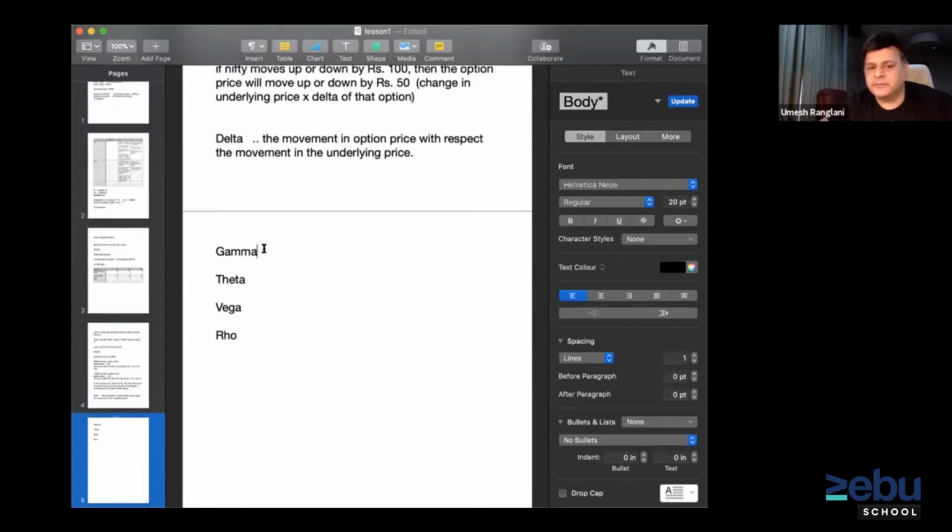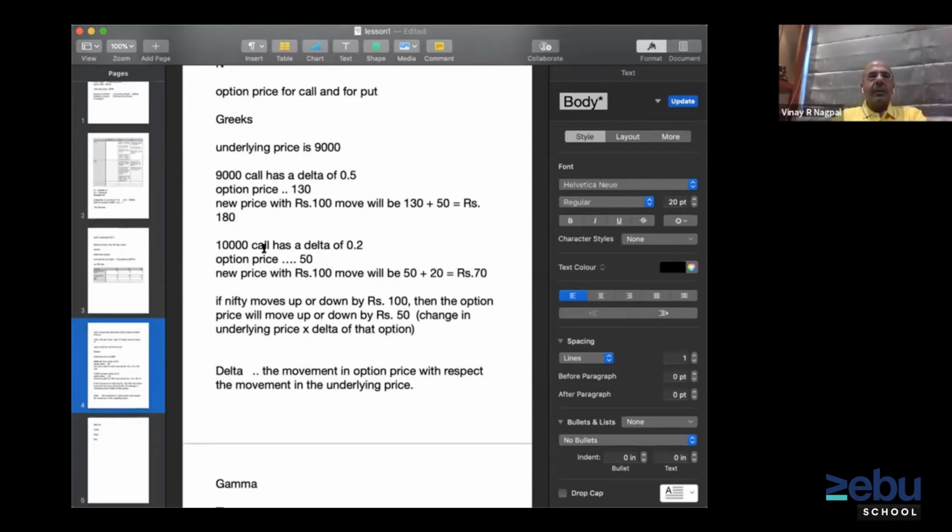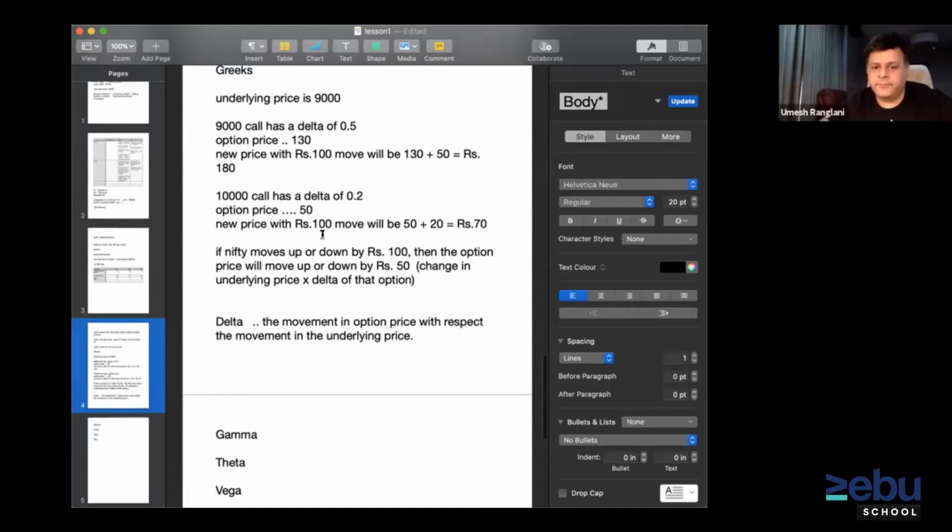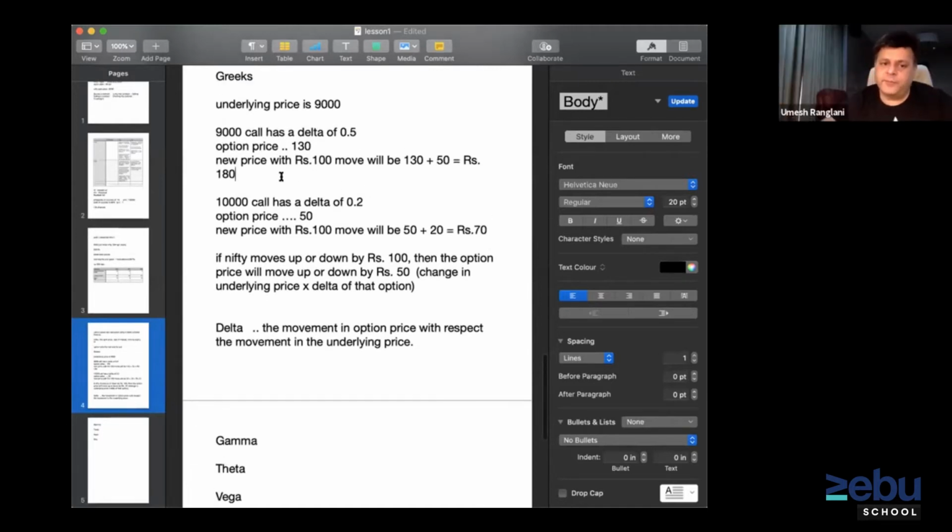What is gamma? No, you mentioned this with respect to calls. Now what about with respect to puts? Opposite, exactly.